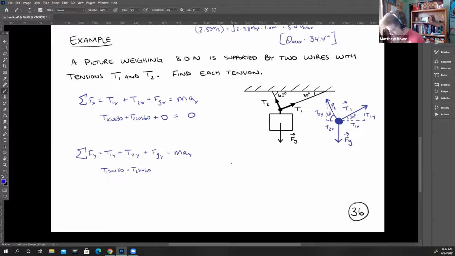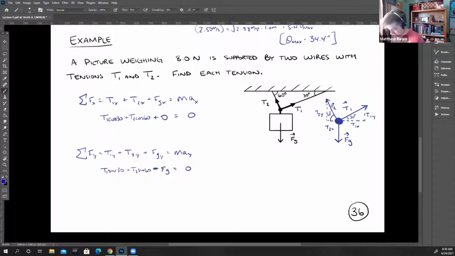But also, oh yeah, sorry, this also applies for the X component. Since gravity is going down, that's going to be a minus. Things traveling downward are negative. So that's negative F of g. This equals 0.